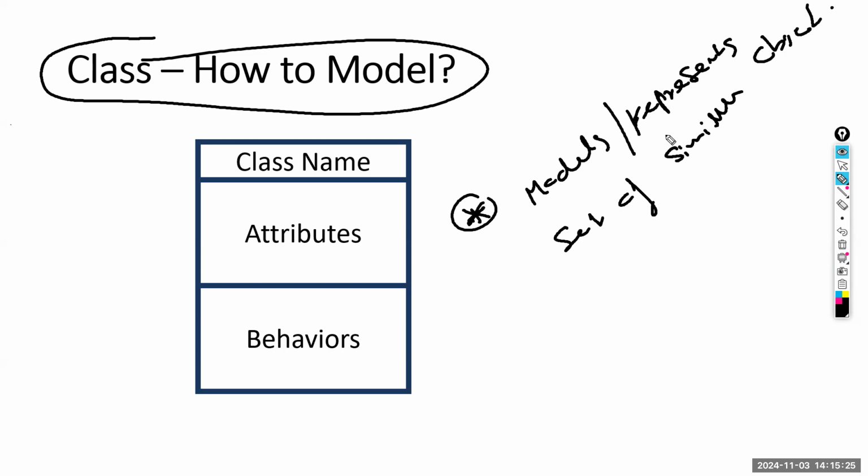Maybe you have thousands of objects of the same type. To represent all those thousands of objects, you model a class. If you take a banking system, to represent all the accounts, you have an account class. To represent all the students, a student class. To represent all the customers, a customer class. To represent all the orders, an order class. To represent all the payments, a payment class.